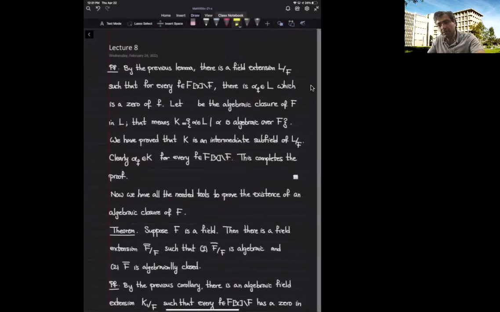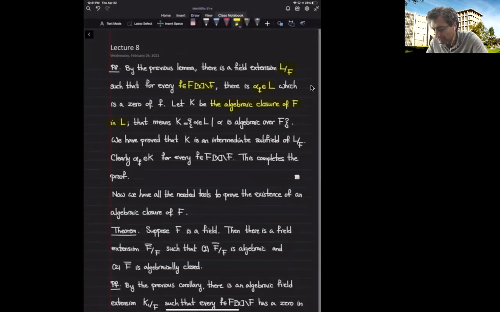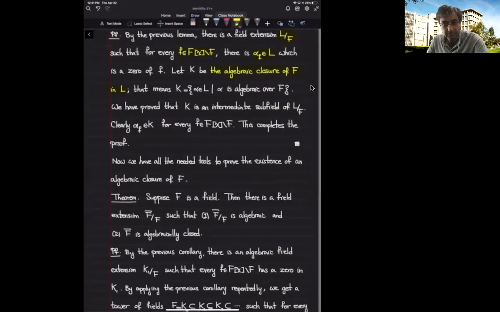By the previous lemma, we deduce that there is a field extension L over F such that every non-constant polynomial has a zero inside L. Now we let K be the algebraic closure of the base field F inside this larger field L. Notice that we have proved that when I take all the elements of L that are algebraic over F, they form a field, and we call it the algebraic closure.